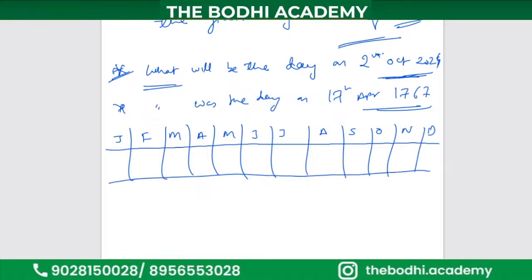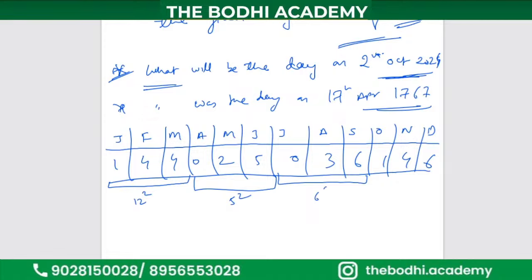Now you have to write the codes: 1, 4, 4, 0, 2, 5, 0, 3, 6, 1, 4, 6. This table you have to learn by heart at any cost. Apply any tricks, it depends on you, but you have to remember. A small trick you can apply here: this 3 you can consider as 12 square, this as 5 square, this as 6 square, and this as 146 only.